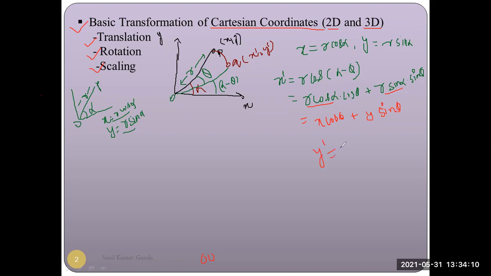What will be your y dash? R sin of alpha minus theta. Now if you open this one, it will be r sin alpha into cos theta minus r cos alpha into sin theta.